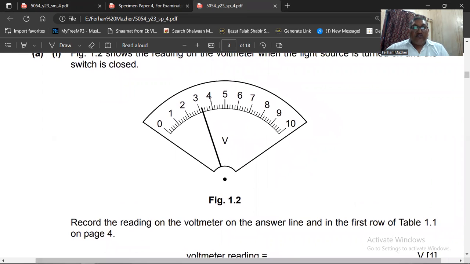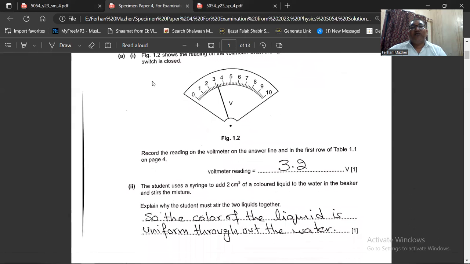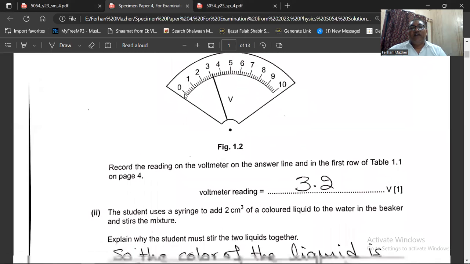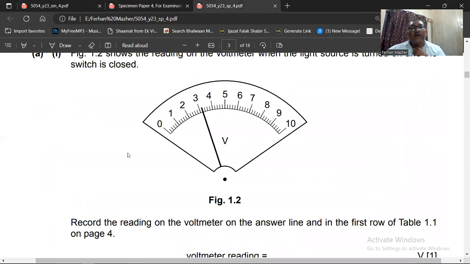This is 3, this is 4, so this is 3.2, 3.4, 3.6, 3.8, and 4. So this reading is 3.2 volt. You can write 3.2 volt. So my answer is 3.2 volt. The answer is right. So here we go.